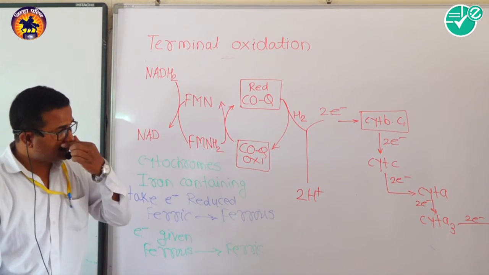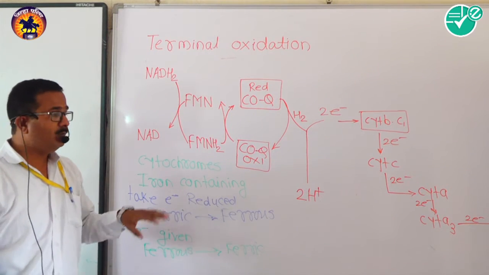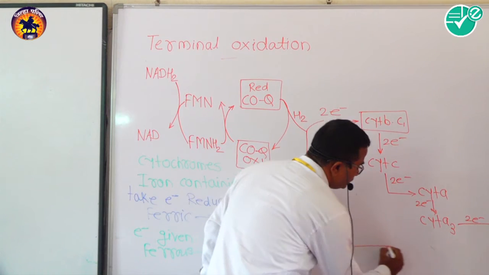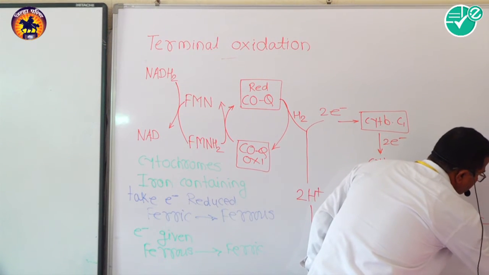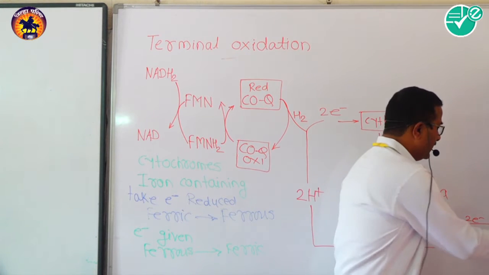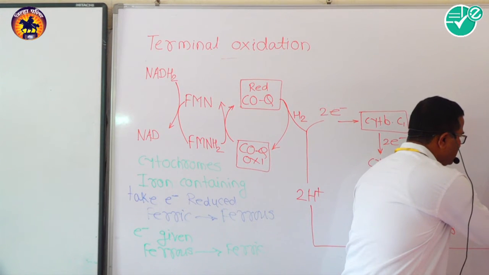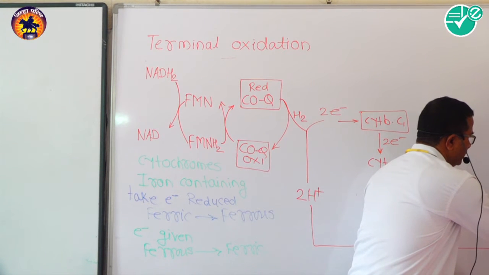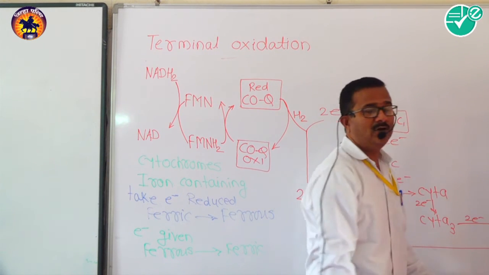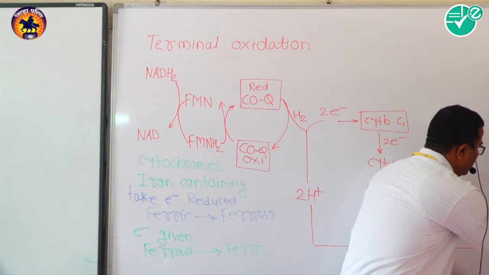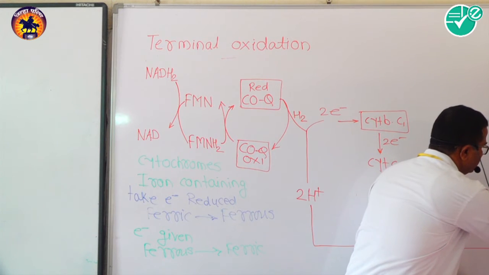When this terminal oxidation takes place, meanwhile the protons come towards the oxygen, and these two protons and this negatively charged atmospheric oxygen combine with each other and form water.